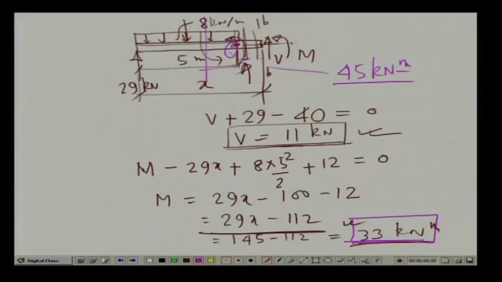So, there is a jump in the bending moment value, but there is no change in the shear force value, and this is what we have observed when we have looked into the effect of a concentrated moment in the span of the beam and its effect on the shear force and the bending moment. We find that there is absolutely no change in the shear force, but the value of the bending moment changes immediately from the left to the right part of the concentrated moment.